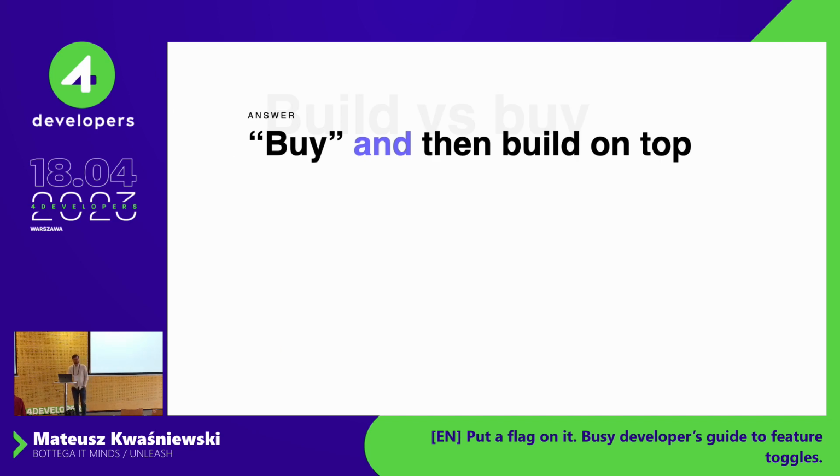So the cool part of doing open source is that it's no longer buy versus build, because you can buy, in quotation marks. You can take it if it's open source, and add this one missing feature that you need yourself on top of it. And you don't need to wait for, oh, it's on our roadmap, gonna be done in Q4. Because you can always add this one missing feature yourself.